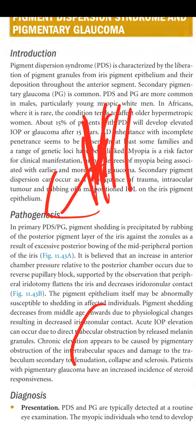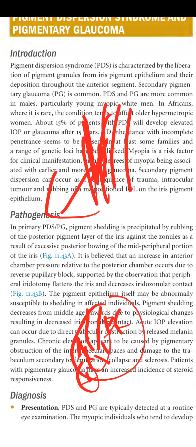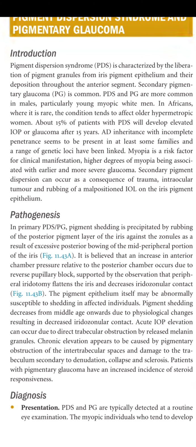So basically, in this case the anterior chamber has more positive pressure than the posterior chamber, so the aqueous starts flowing from the anterior to the posterior chamber, causing the reverse pupillary block. The pigment epithelium itself may be abnormally susceptible to shedding. Pigment shedding decreases from middle age onward due to physiological changes resulting in decreased iridozonular contact. So with age, it is getting better.